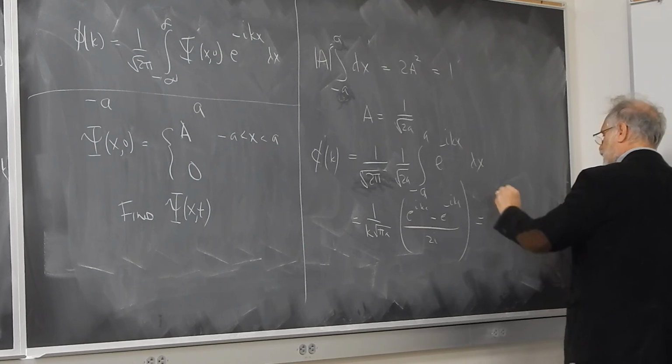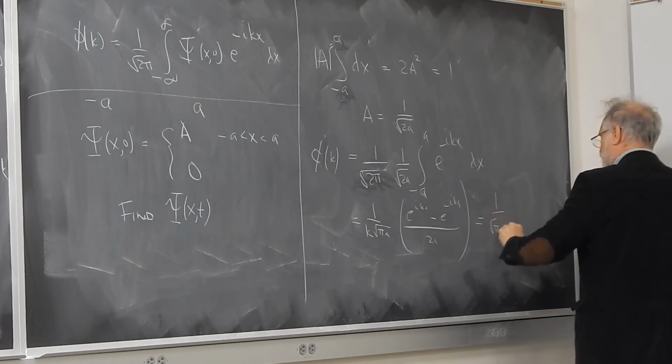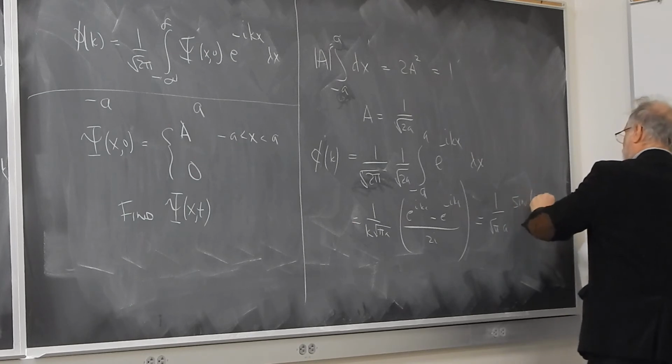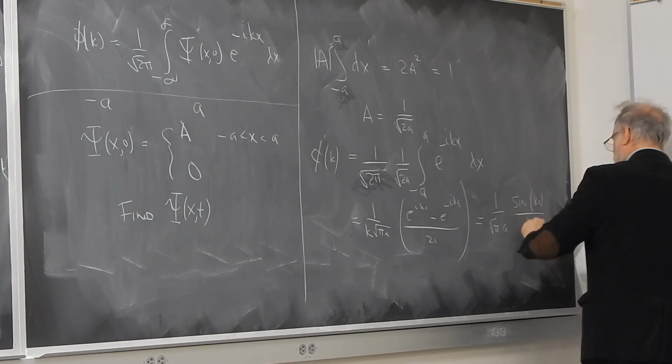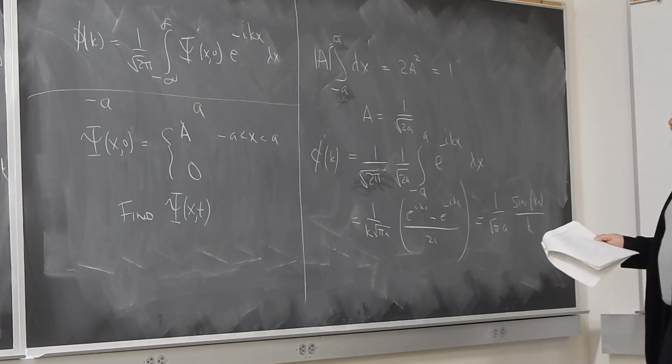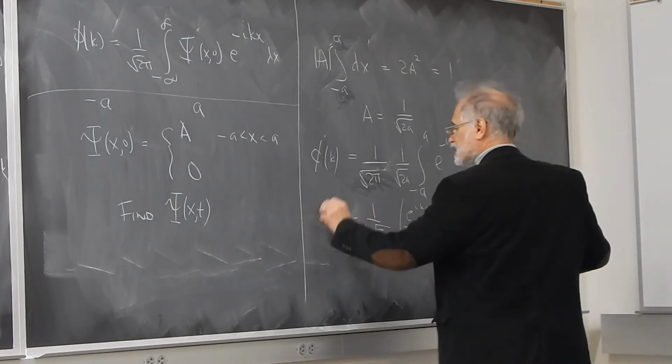And so this is going to be 1 over the square root of pi a times sine of ka divided by k. So that gives me phi of k.